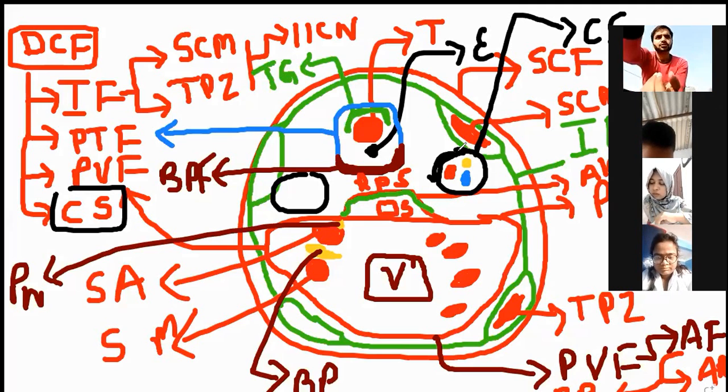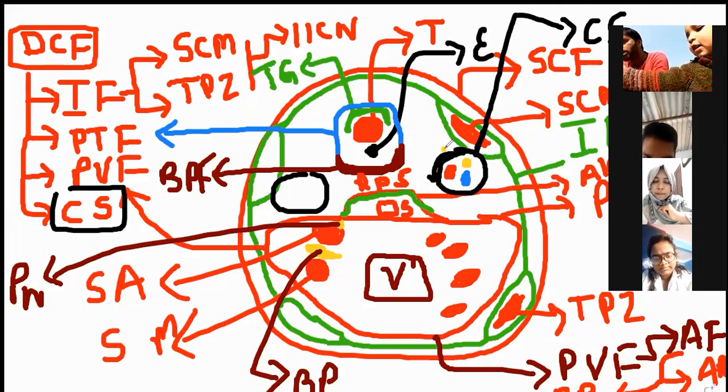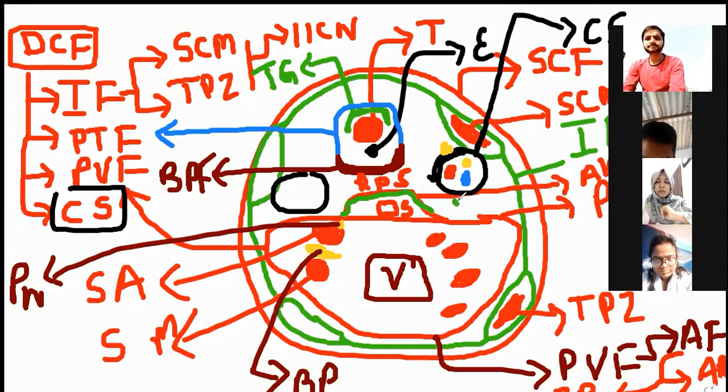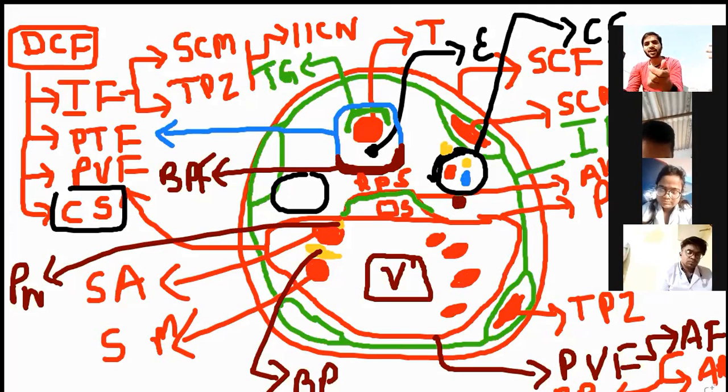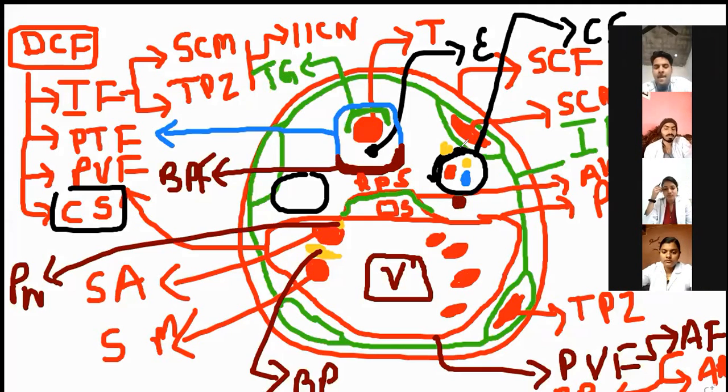Now see here, everyone. Anteriorly you have one structure, and posterior to the carotid you have one structure. Please see the diagram. This is your ansa cervicalis.